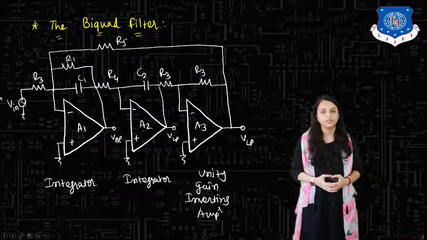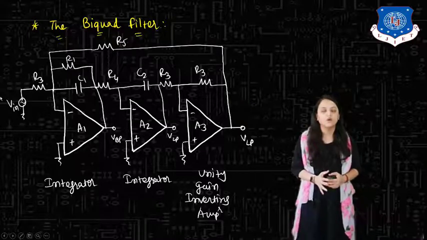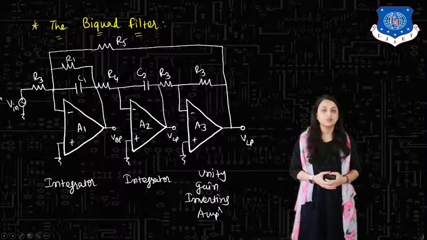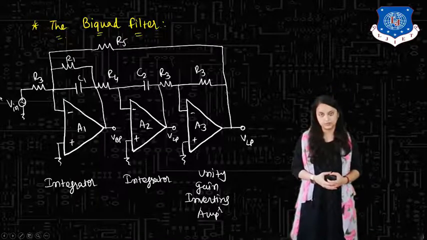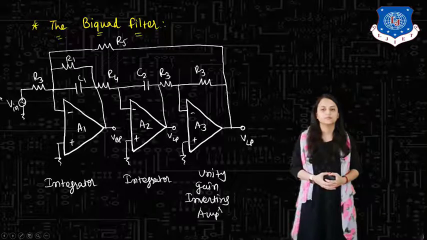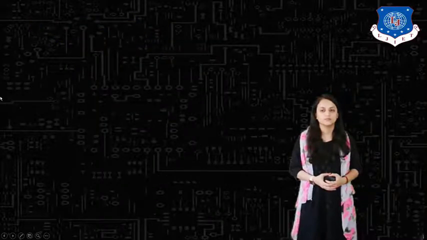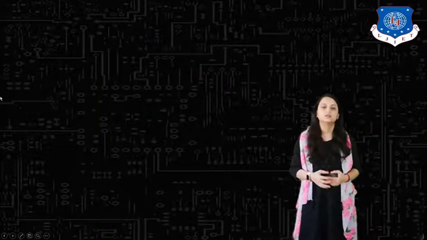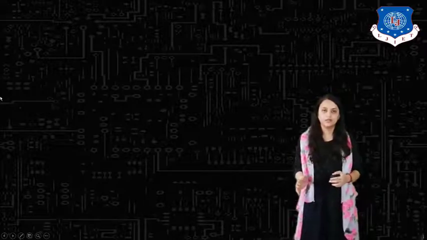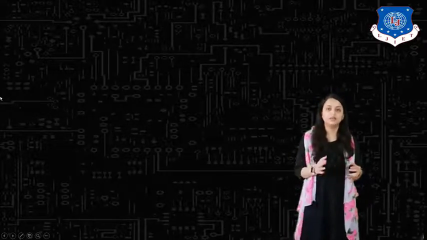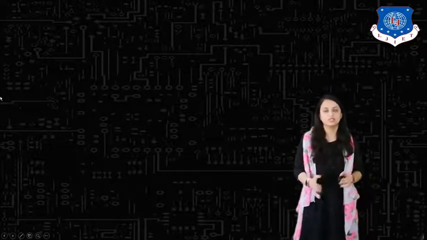Okay. So this is the biquad filter circuit, which is also called as biquadratic filter. I hope that the state variable filter circuit diagram and the biquadratic filter circuit diagram is clear to you now.